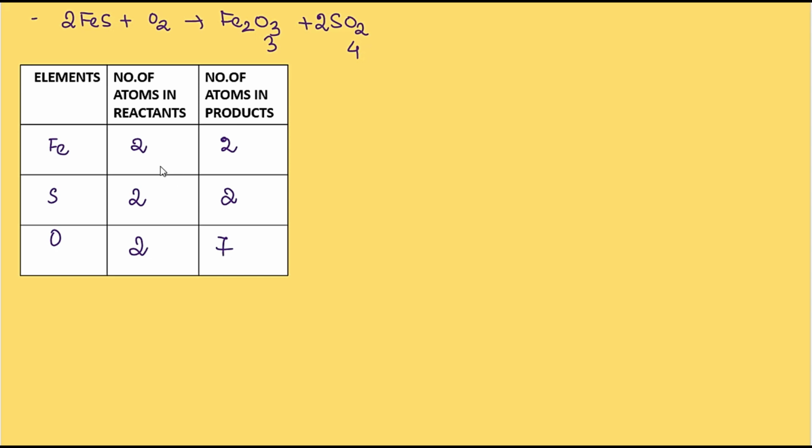Okay, so we see here that iron is balanced, sulfur is also balanced, but oxygen is unbalanced. That is 2 in the reactant and 7 in the product. So what can be done? If we see here, neither of them is a multiple of the other. So the only way out is that we multiply the number of atoms on the reactant and the product side.